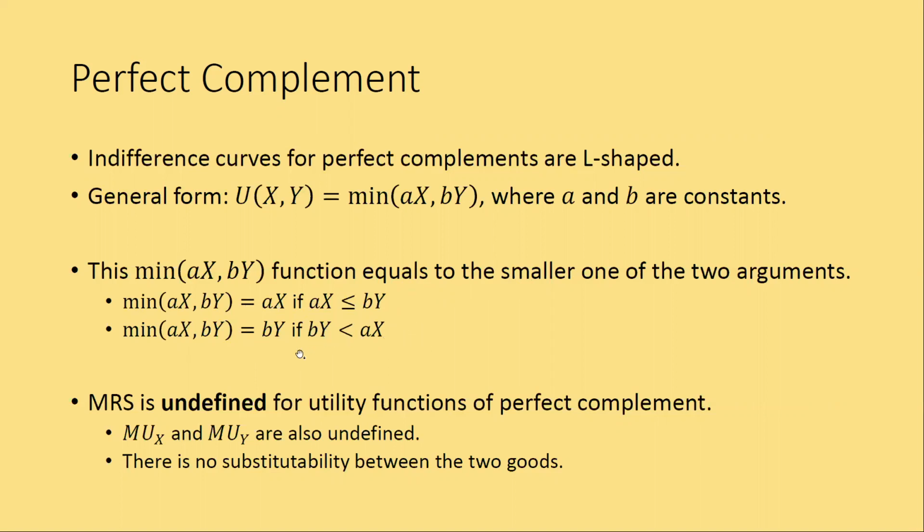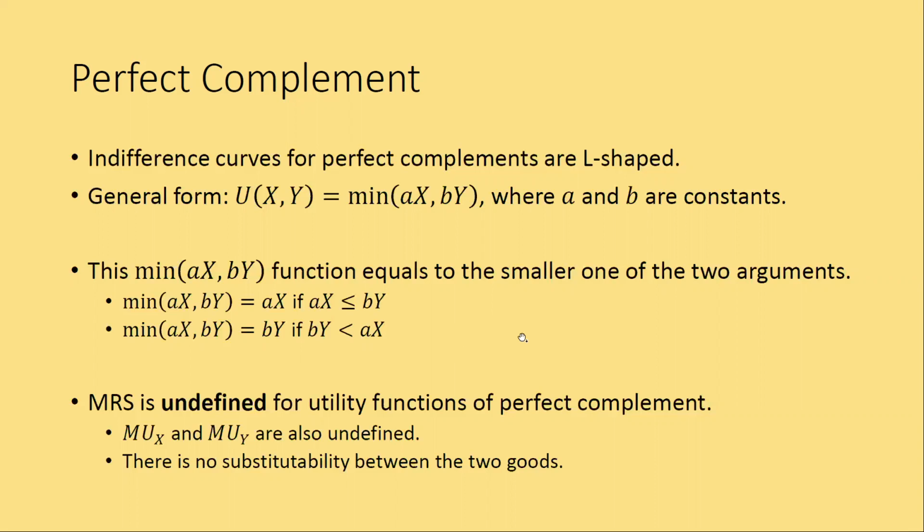And we want to note that the marginal rate of substitution is not defined for this type of utility function, because there is no substitutability between the two goods, and also the marginal utilities are not defined.